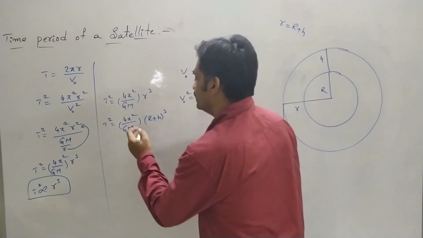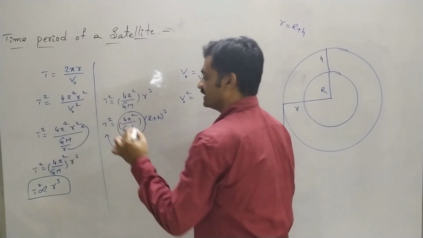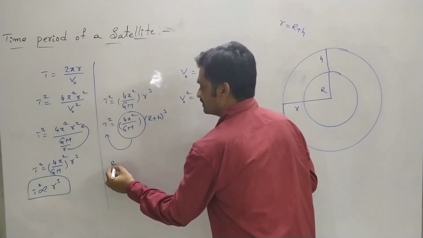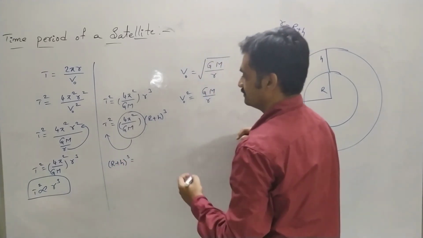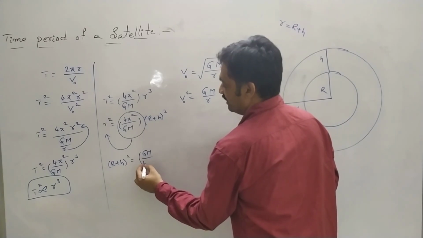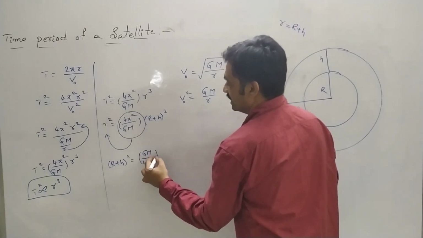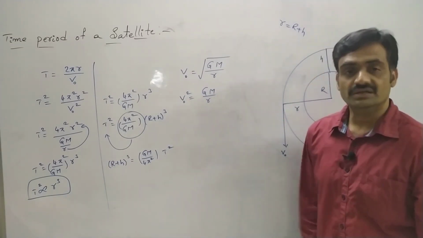For that, we are going to bring this value towards this side. As we bring this here, observe that (R plus h) whole cube equals G M by 4 pi square into T square.